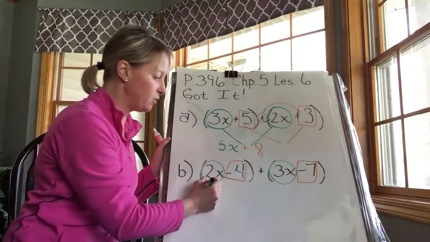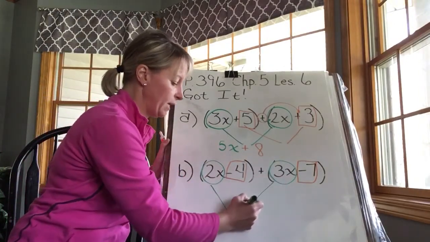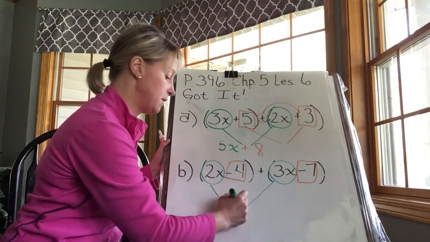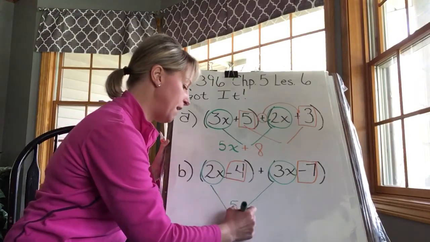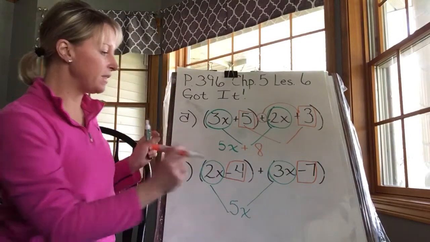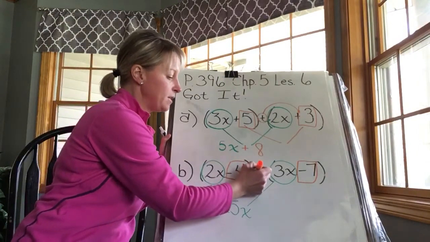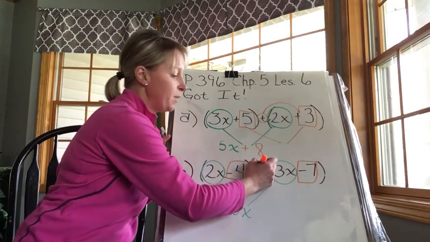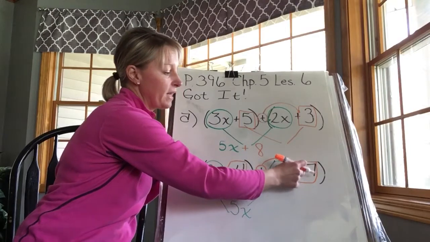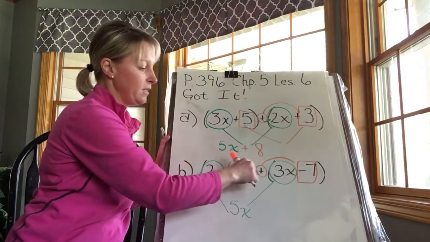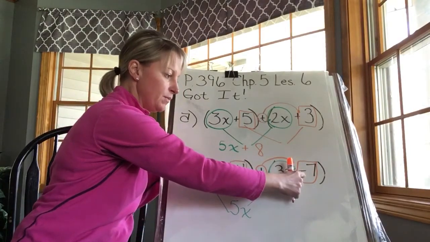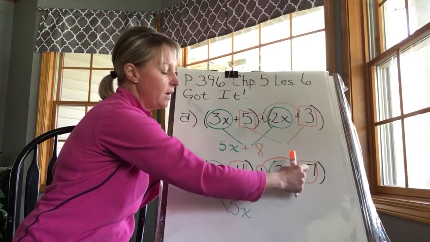So we have a positive 2x and a positive 3x. 2 plus 3 makes 5, so we just have 5x. Now with these, if I had this positive here and the negative, it is still going to make that a negative, because a negative times a positive is a negative.